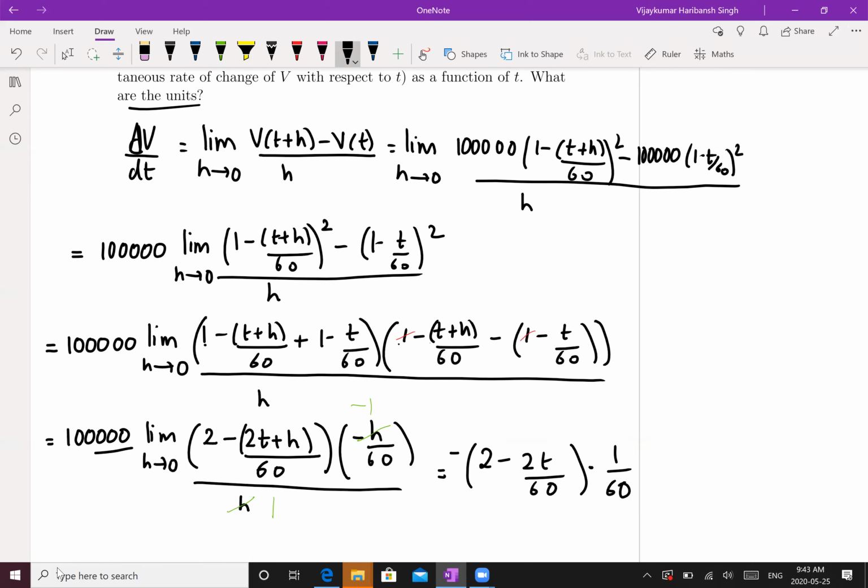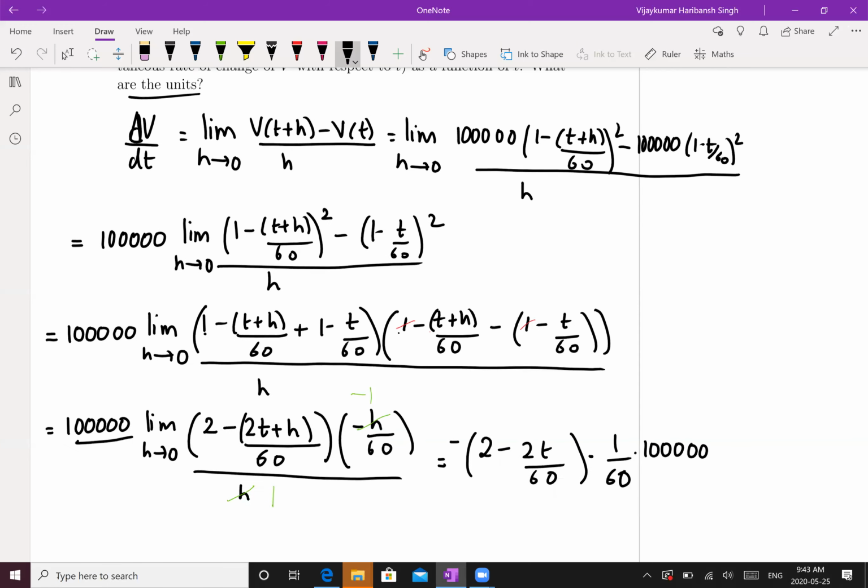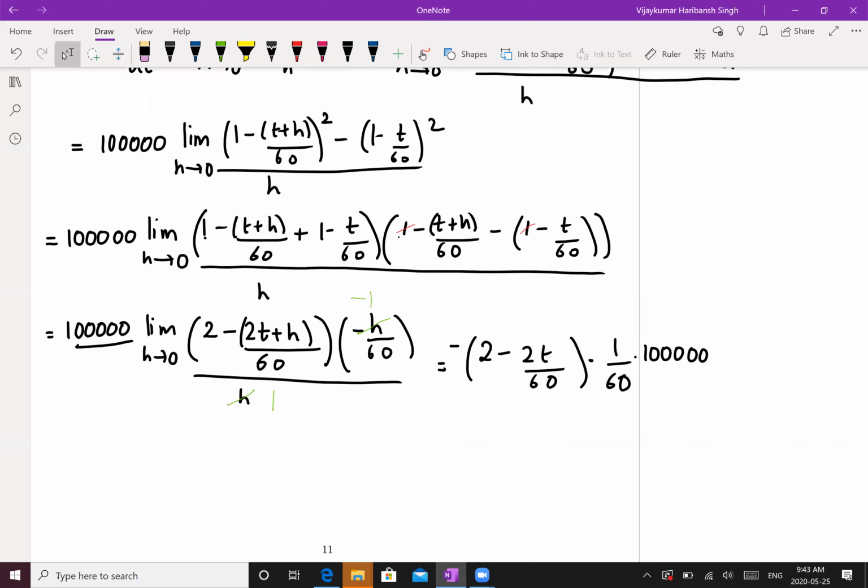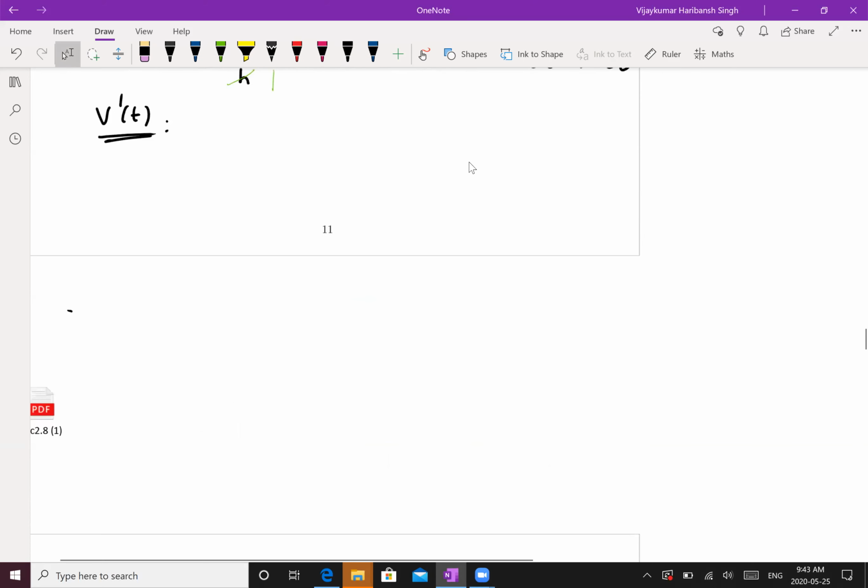And of course, multiplied by this 100,000. So this is your answer. And this is a calculator-ready form, so I'll leave it at that. This is your v prime of t. All right. So that takes care of this discussion. Let's move ahead.